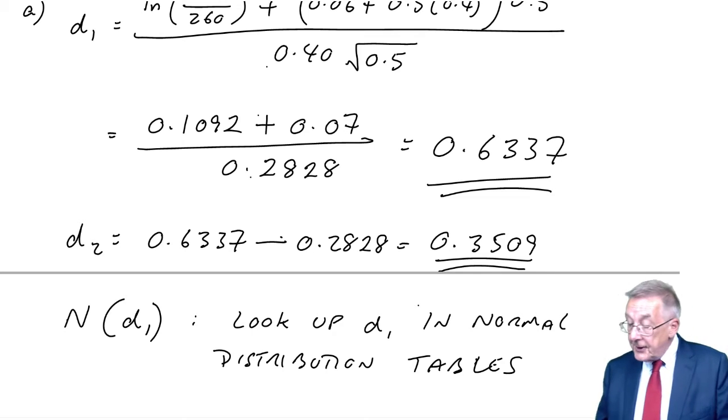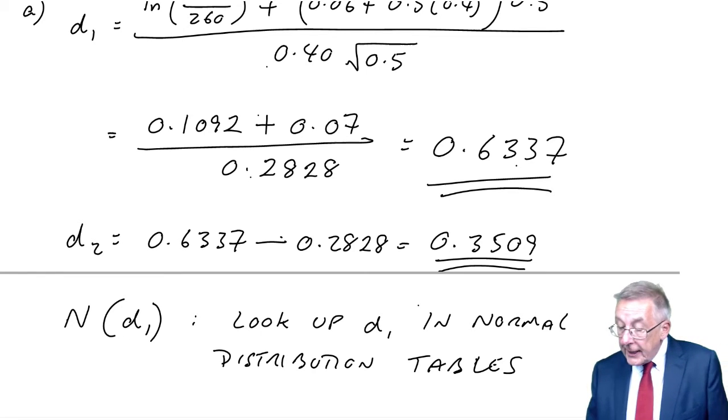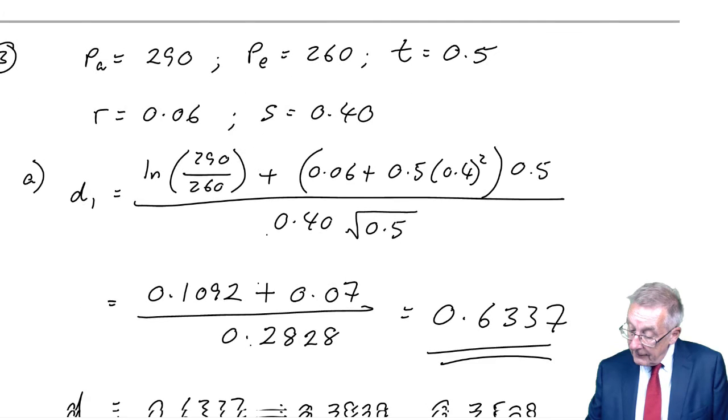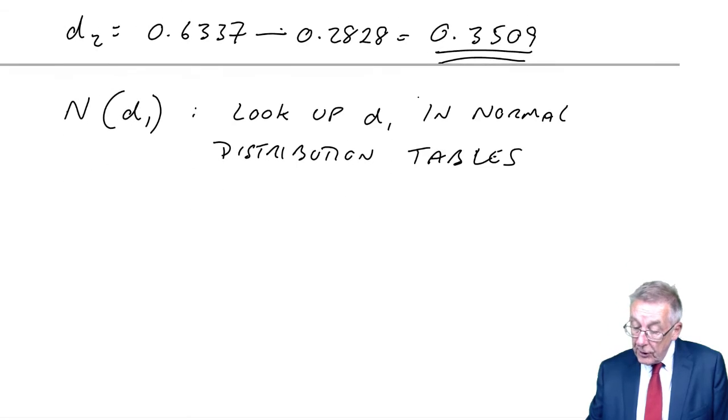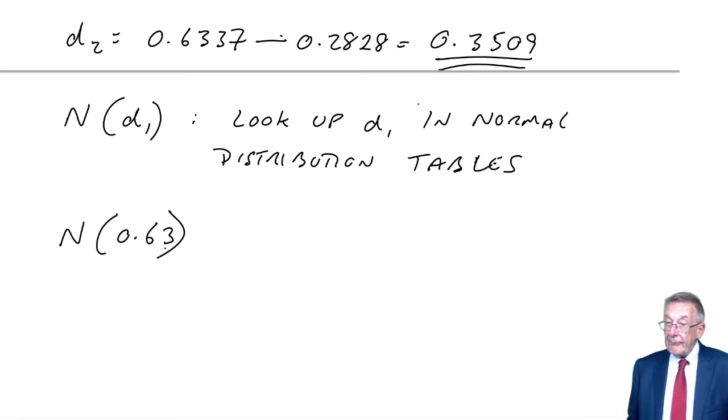You can only actually look things up to 2 decimal places. So it may seem to contradict what I said before, but it does actually matter. When you actually come to look it up, go to 2 decimal places. So 0.6337 to 2 places is 0.63. So we're looking up N(0.63).